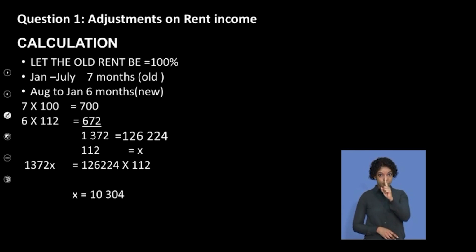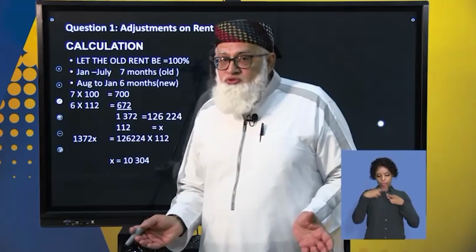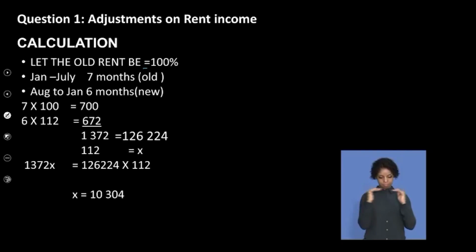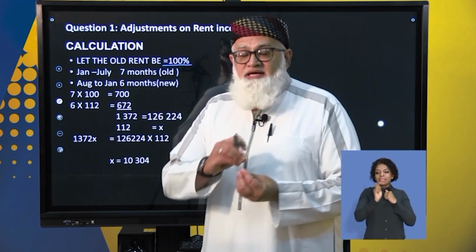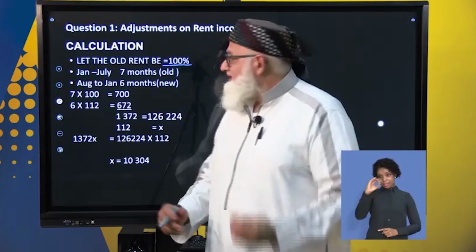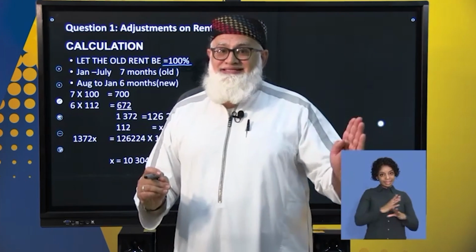Step number one, make your old rental, you don't know the amount, make it equal to 100%. There goes. Right? So you've already told yourself that the old rental, you don't know what it was in terms of rands, but in terms of percentages, you make it equal to 100. Right? Then you tell yourself, right, so the financial year started in January and ended in December.